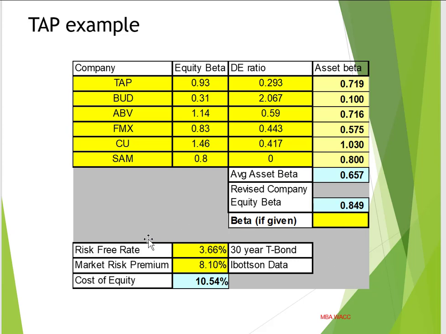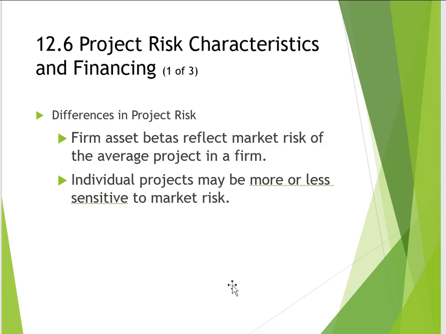If we plug that into the formula, right? At this time, the 30-year T-bond was 3.66. The market risk premium was 8.1. So the cost of equity on average for this industry is about 10.54%. What else can we do?